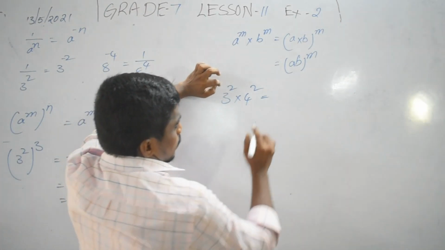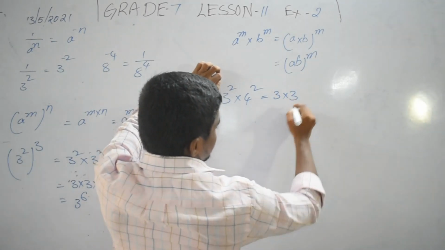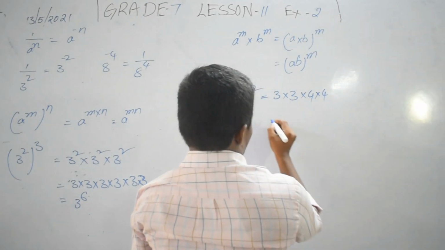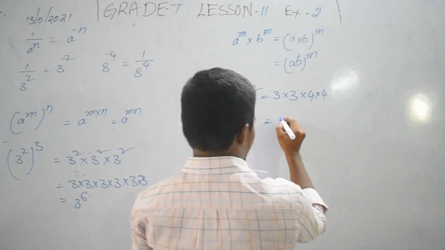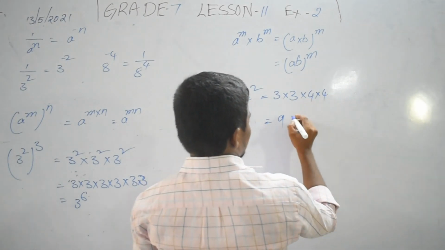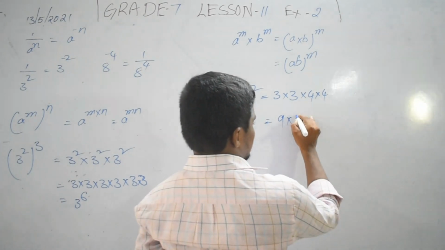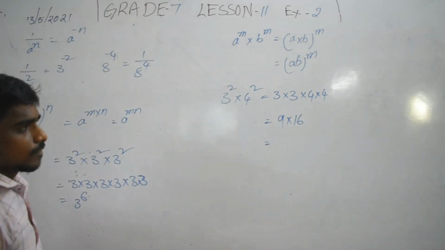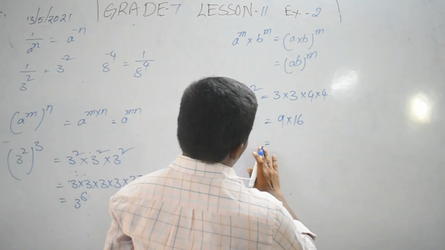How to write it? 3 times 3 is 9, 4 times 4 is 16, and 16 times 9 is 144. That is the normal way.